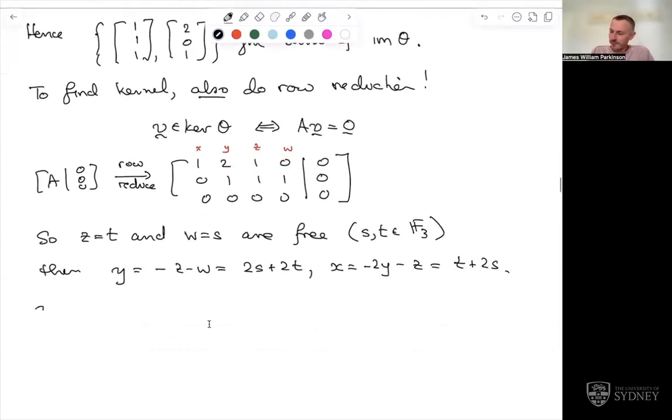And so the kernel of theta is all of the vectors (t plus 2s, 2t plus 2s, t, s), with s and t in F3.